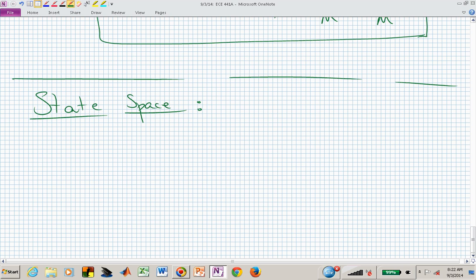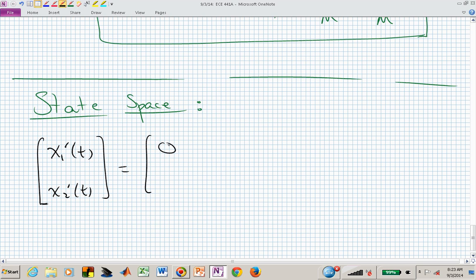The state space representation that we had found before was x sub 1 was our position, x sub 2 was our velocity.